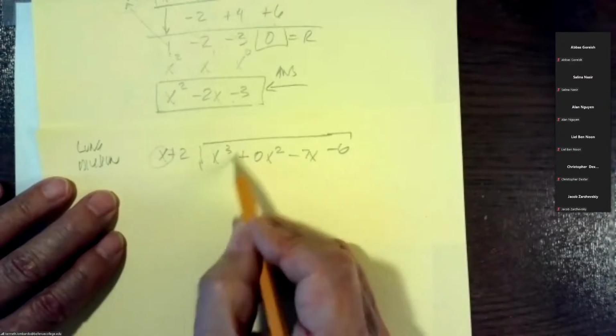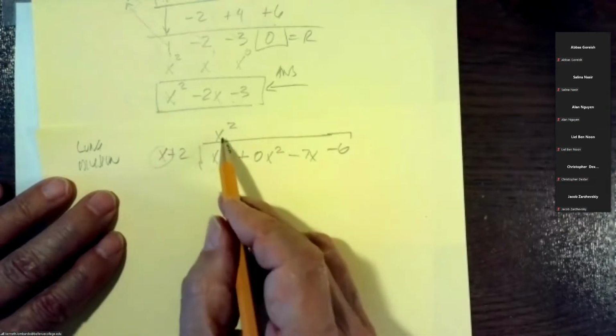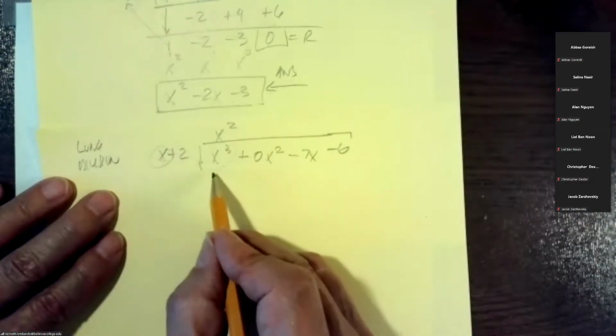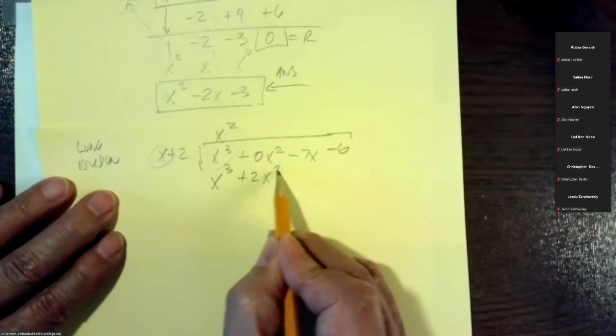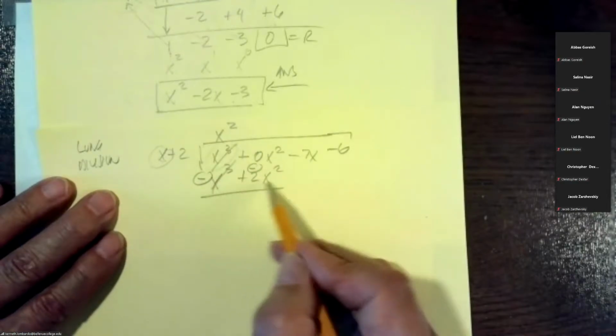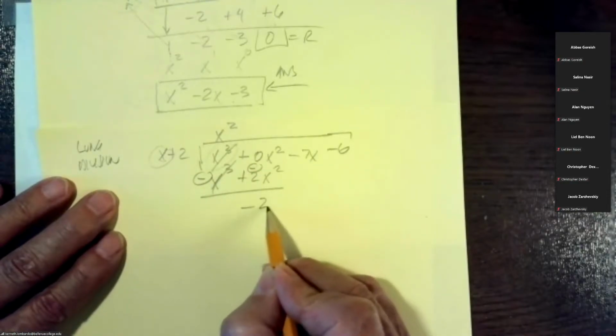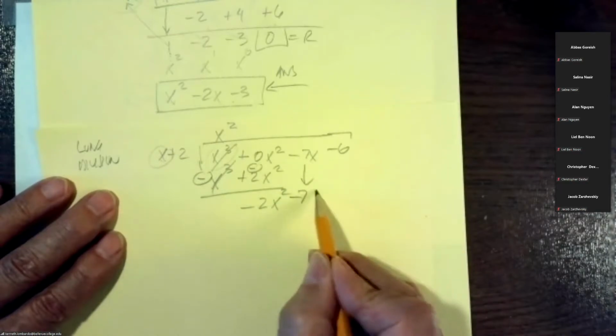So x goes into x cubed, x squared times, multiply back, x squared times x is x cubed. And this is 2x squared. And we subtract. Those cancel. And we get negative 2x squared. Bring down the next term.